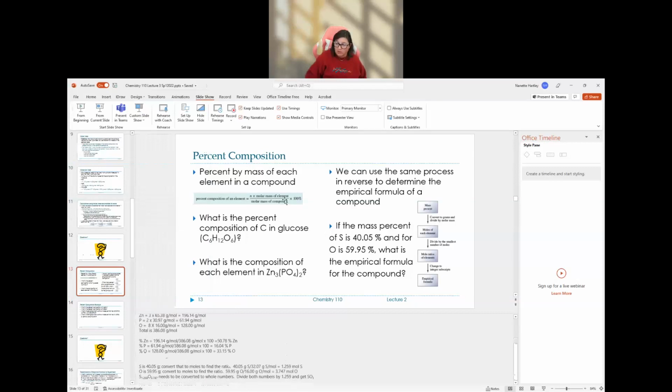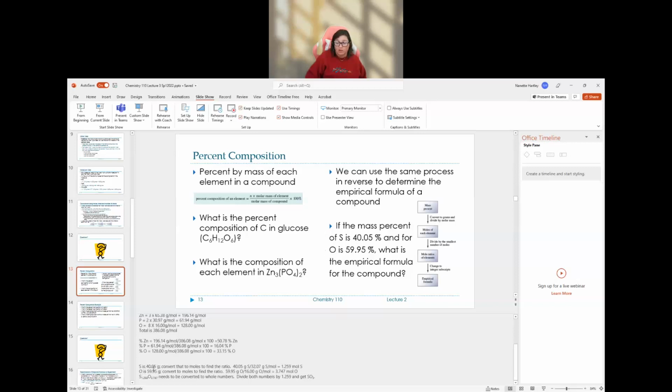We can use the same process in reverse to determine the empirical formula of a compound. If the mass percent of sulfur is 40.05 and for oxygen is 59.95, what is the empirical formula for the compound? I have to make an assumption to do this. If this is a percentage and I assume 100 grams, then I have 40.05 grams of sulfur and 59.95 grams of oxygen.